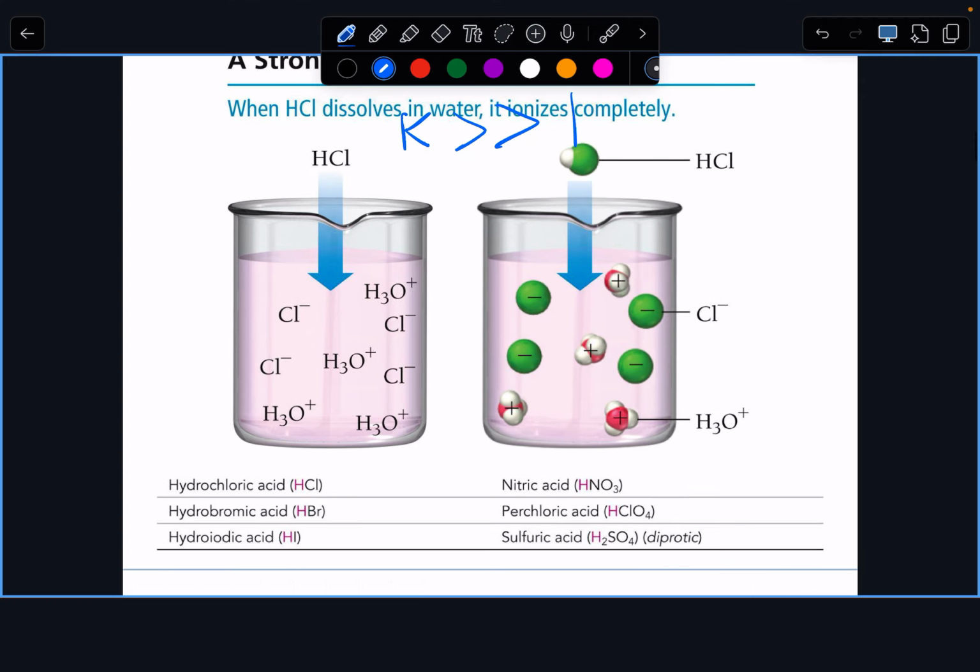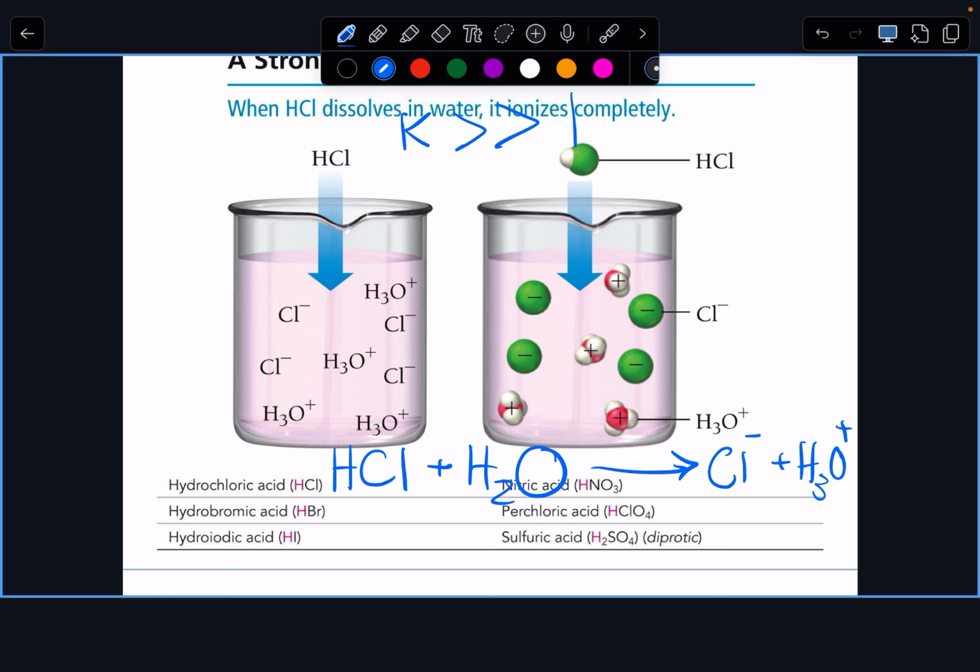So this is why we would just use the single arrow to describe this process, because we're saying the reverse reaction does not happen to any significant degree. Okay, so every single molecule of HCl will form a molecule of Cl- and a molecule of H3O+.